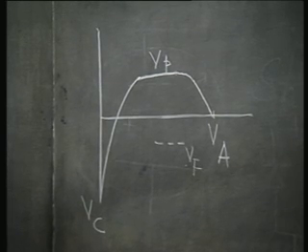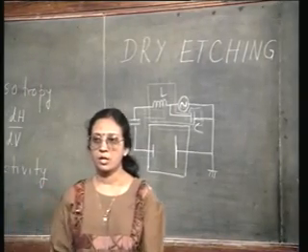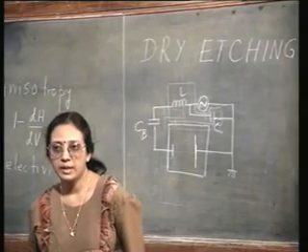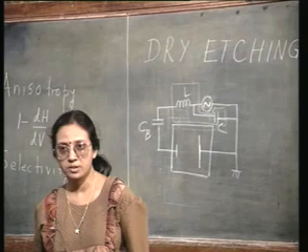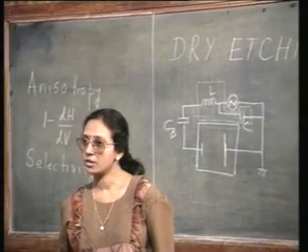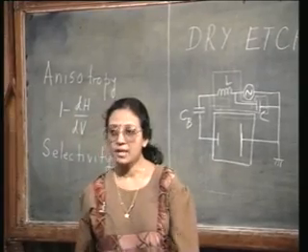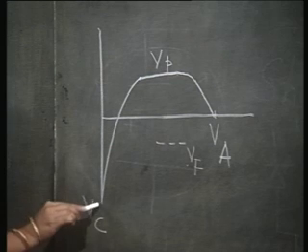And the other electrode, that is the RF powered electrode, has a cathode sheath potential associated with it, and that sheath potential can be considerably high. It is a high negative potential, the point at Vc.